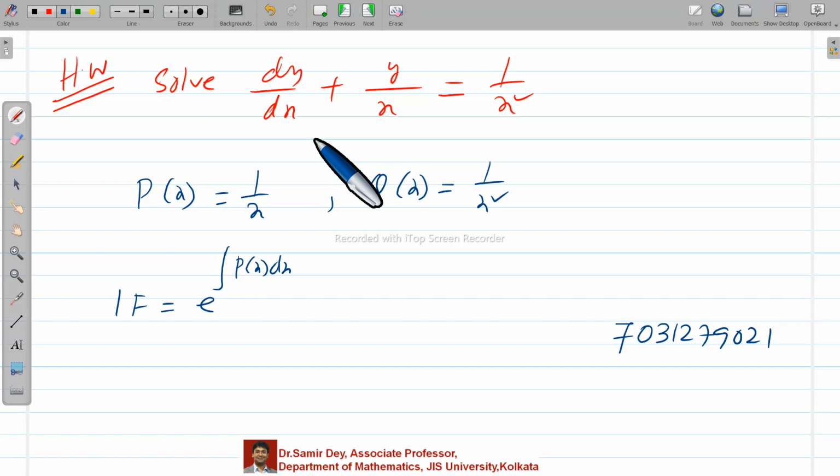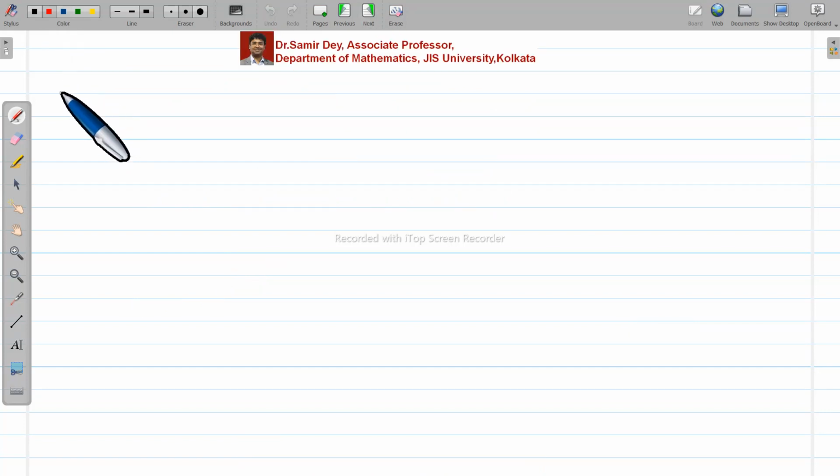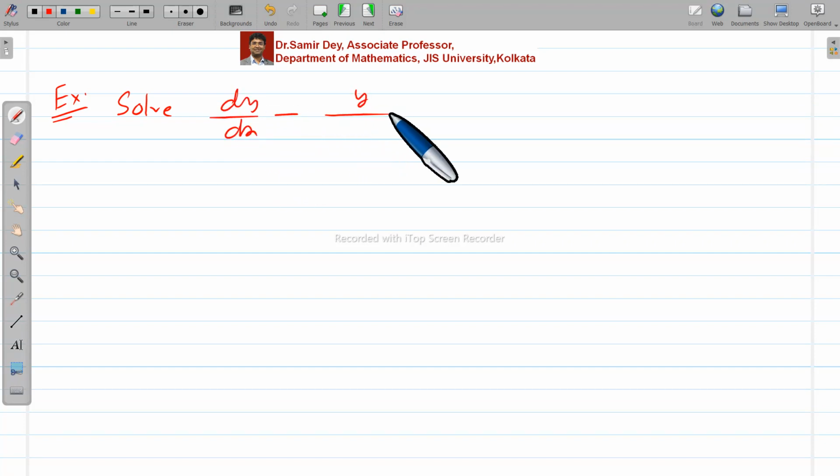Okay. Now I am going to discuss another example. Please write down. Solve dy dx minus y by 1 plus x is equal to 1 plus x into e to the power x. Now anyone can tell me what about the last example and this example?